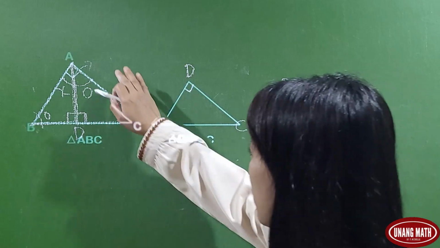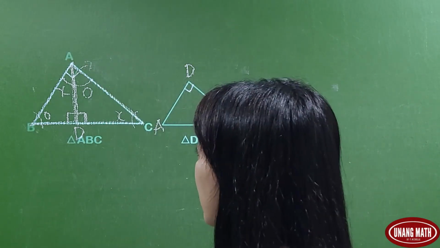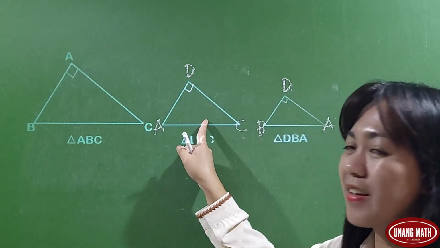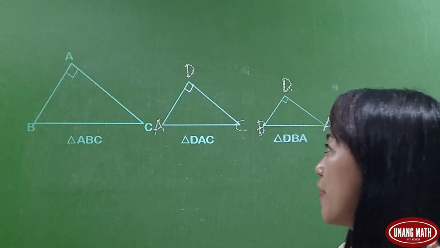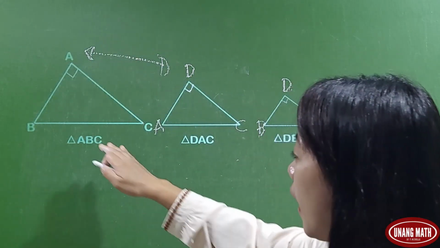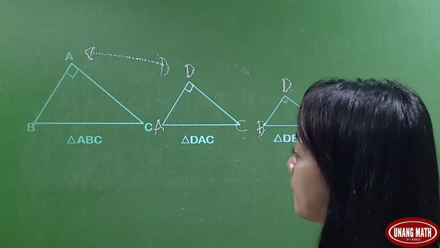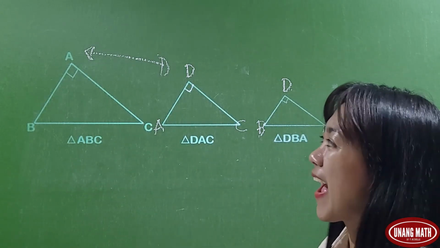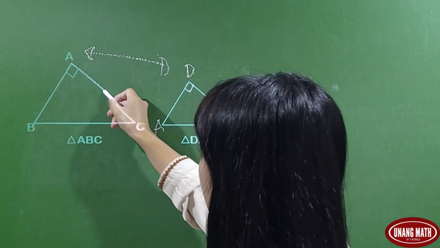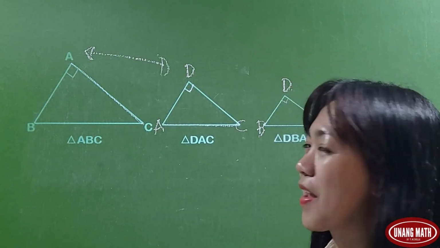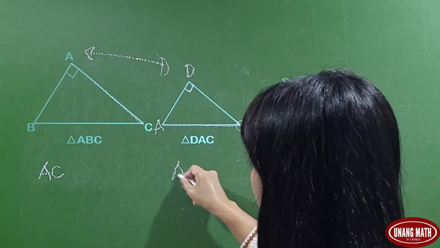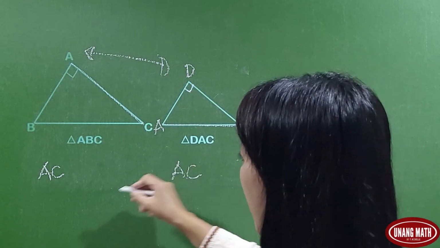Now, let's prove that this original right triangle and this right triangle are similar figures. If you take a look at these 2 right triangles, the common side is this side, segment AC. So segment AC here is also segment AC.